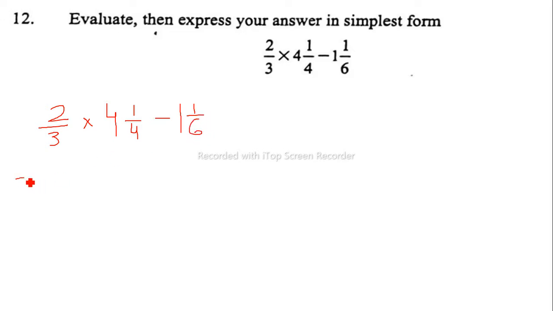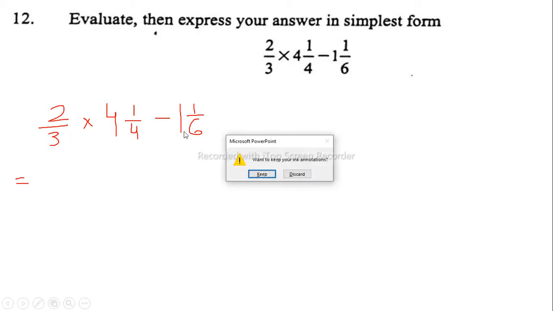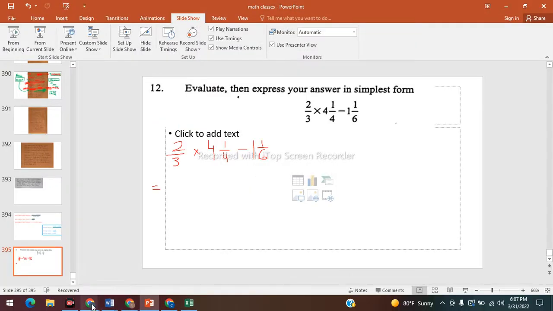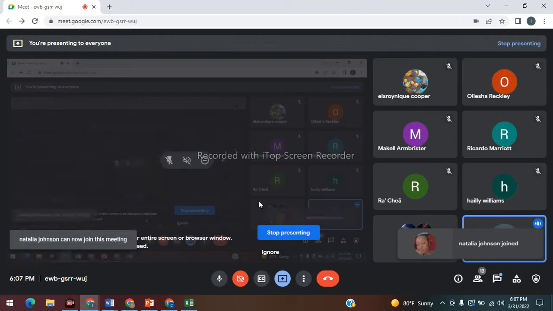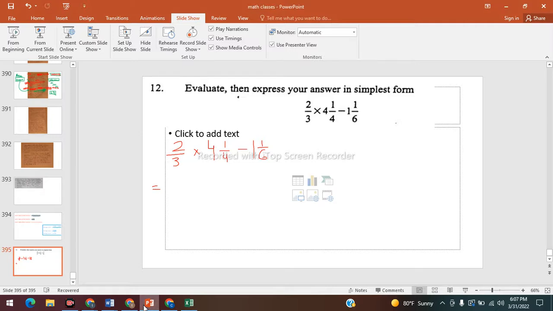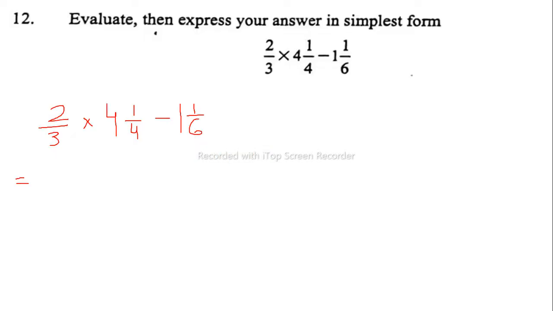Can someone tell me what you think is the first thing to be done? What's the first thing to be done? Turn mixed fractions into improper fractions.